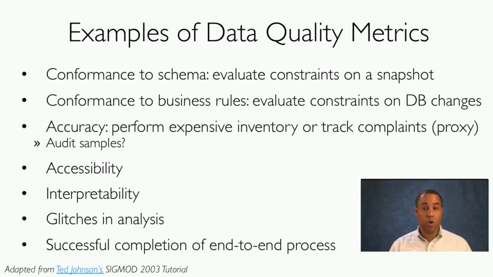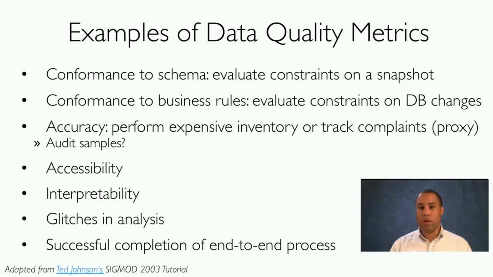So examples of data quality metrics that we could consider are conformance to schema. We can evaluate our constraints on a snapshot of our database. Or conformance to business rules. We can evaluate our constraints every time the database changes. Accuracy. We could either perform a very expensive inventory, or alternatively, we could track complaints.